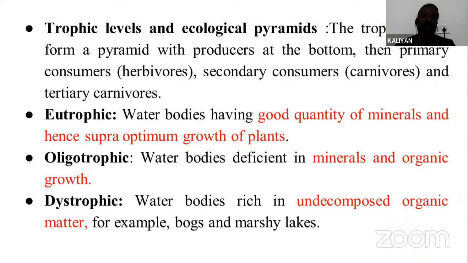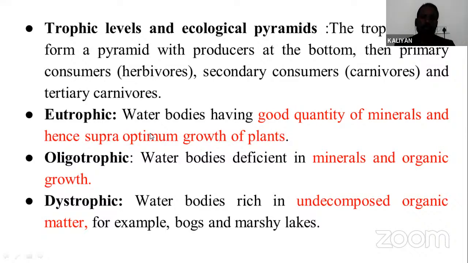So next is the eutrophic. Eutrophic means water bodies having a good quantity of minerals and having the supra optimum growth of the plant. So eutrophic basically in water bodies like lake and river, some good minerals will be there that will help the growth of the plant.